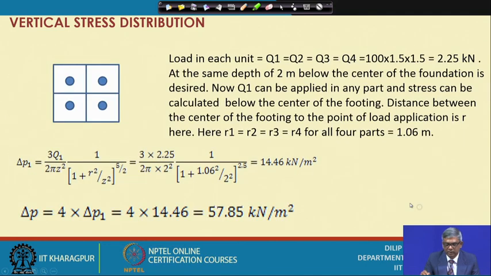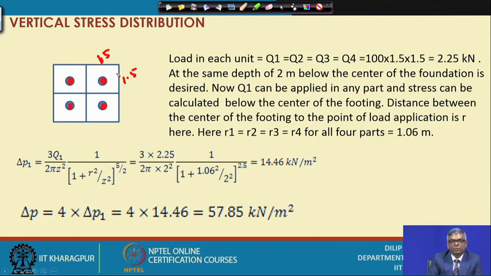First, let me see it divided into 4 parts. This is the initial first page I have shown with dotted lines. These dots are now essential. I have divided the 3 meter by 3 meter footing into 4 parts, so each part is 1.5 meter by 1.5 meter.